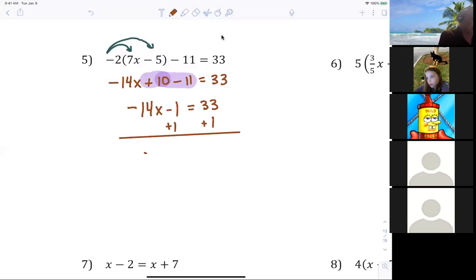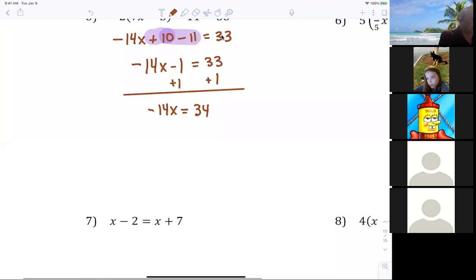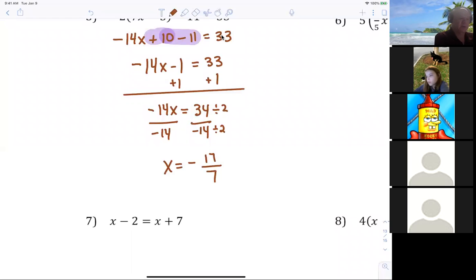Negative 14x equals 34. Divide by -14. Now x equals, and you must reduce the fraction. Divide by 2, divide by 2. 34 divided by 2 is 17. 14 divided by 2 is 7. Anybody have any issues?